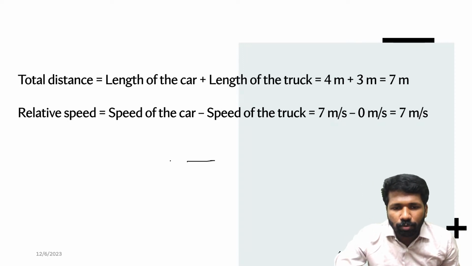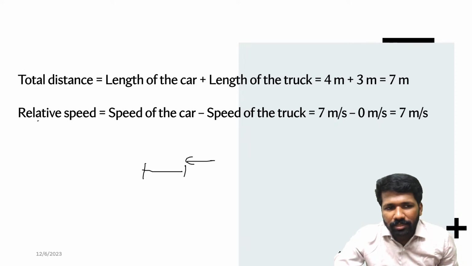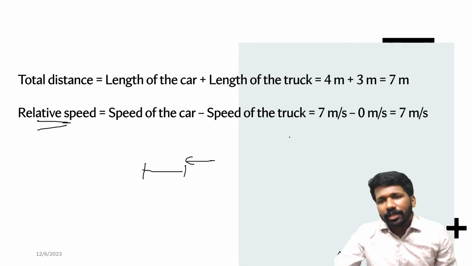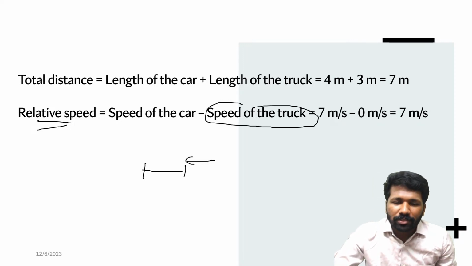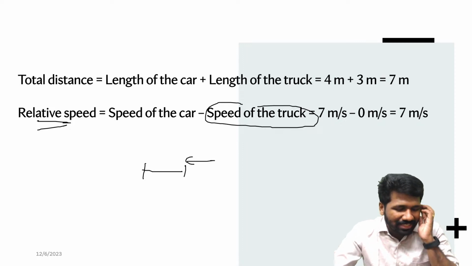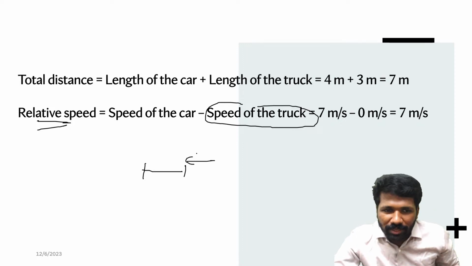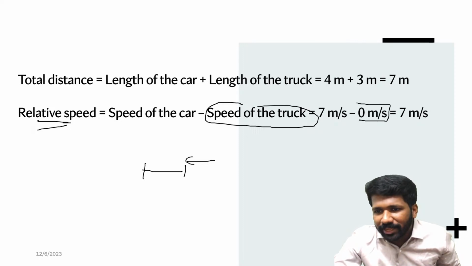Because the car is moving, the truck is not moving. Truck is stationary. There is a concept called relative speed. If multiple moving objects are there, relative speed concept is needed. Here the second object is not moving, so it is not necessary at all to consider the second speed. If the truck was moving, you should subtract that speed.